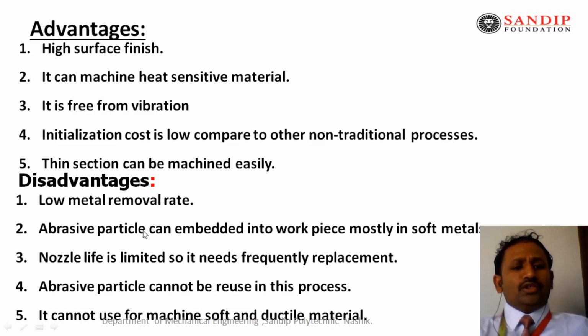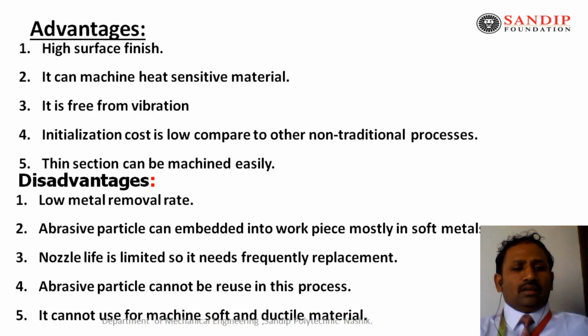Then abrasive particles can be embedded into the workpiece, mostly in soft metal. In advantages we have already mentioned that the material should be strong. Otherwise the abrasive material strikes the workpiece and the material may be soft, so it may melt.